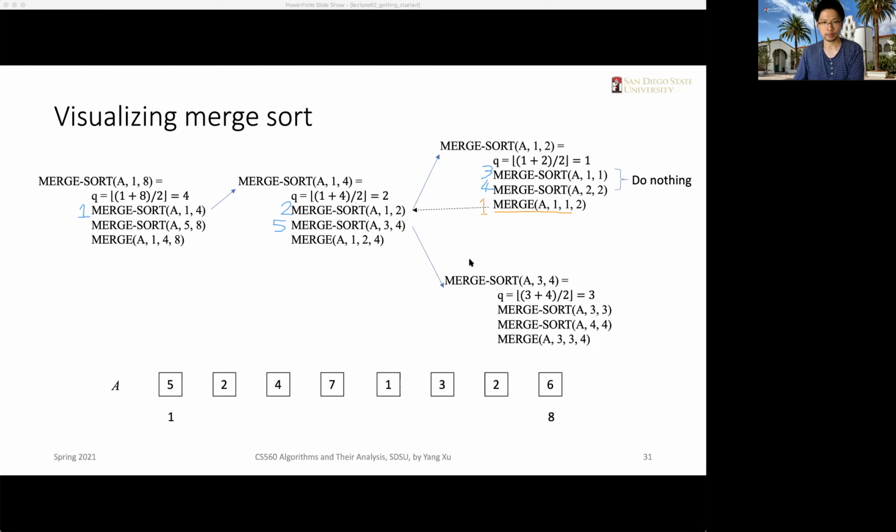And the numbers here would be 6, 7, and this will be the second merge. Yeah, second merge.